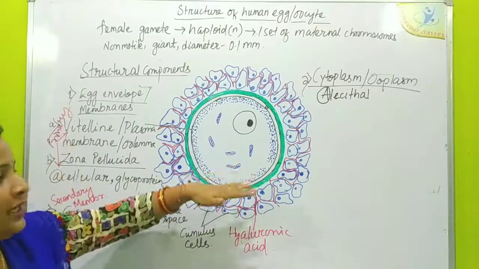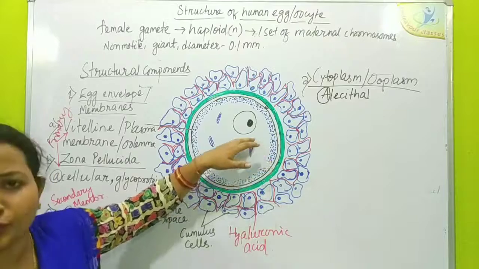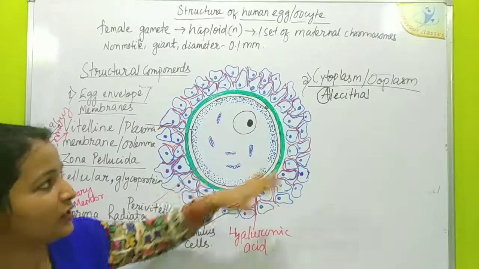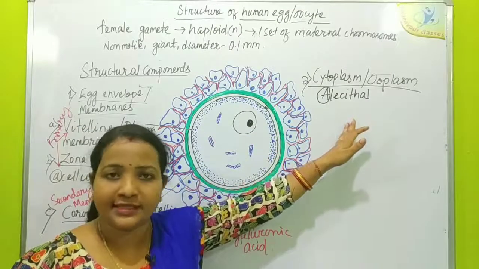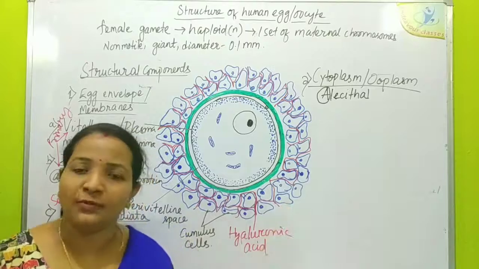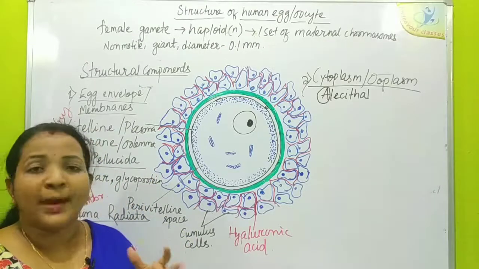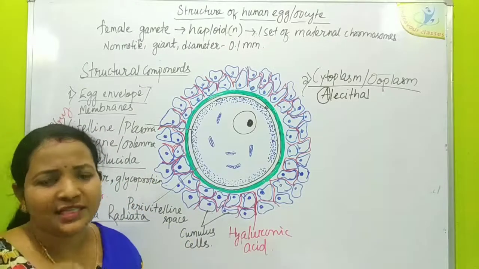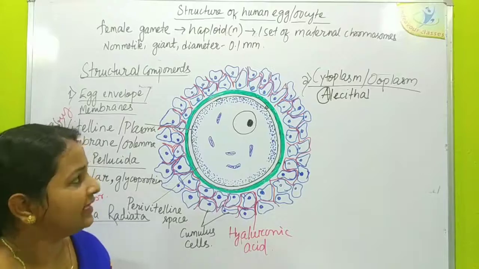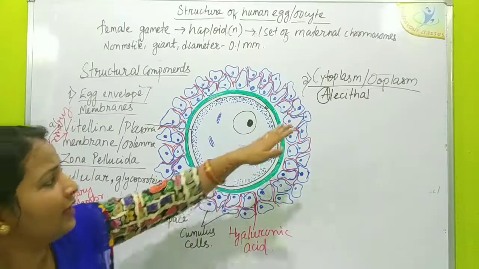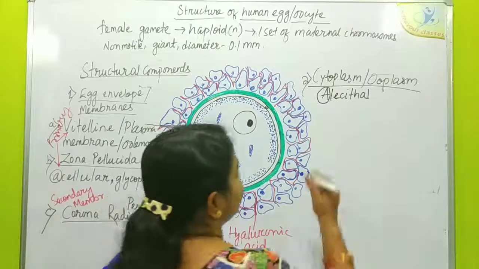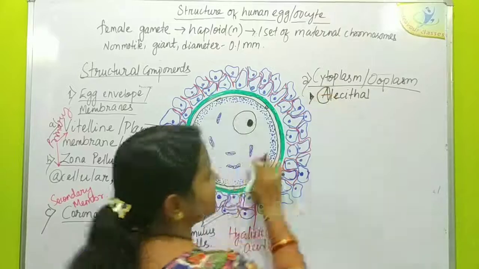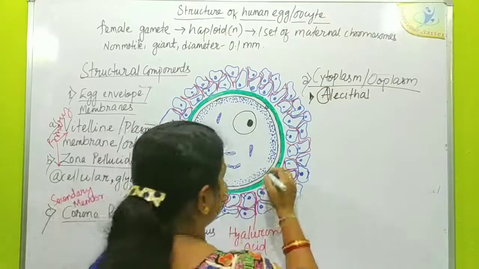That is why there is no necessity of yolk in the egg. Other placental animals are microlecithal, that means very little yolk is there in their eggs. So the human egg is alecithal, with no yolk inside the cytoplasm.